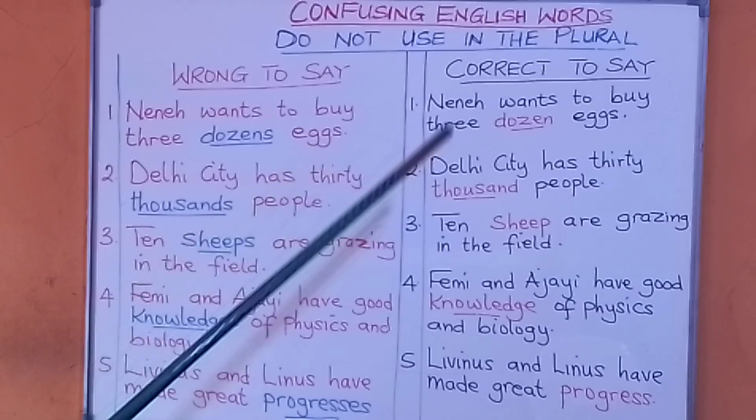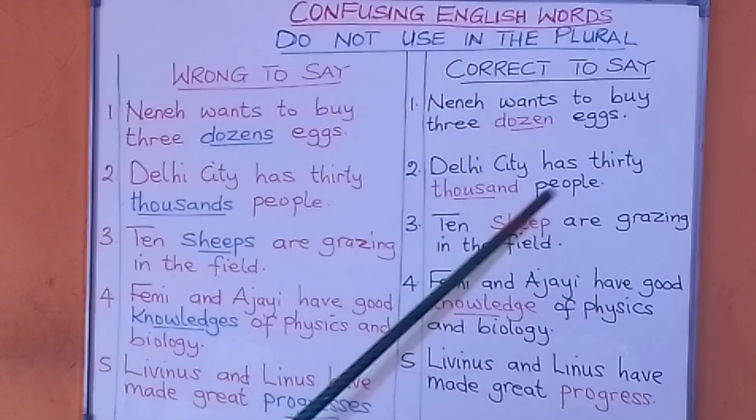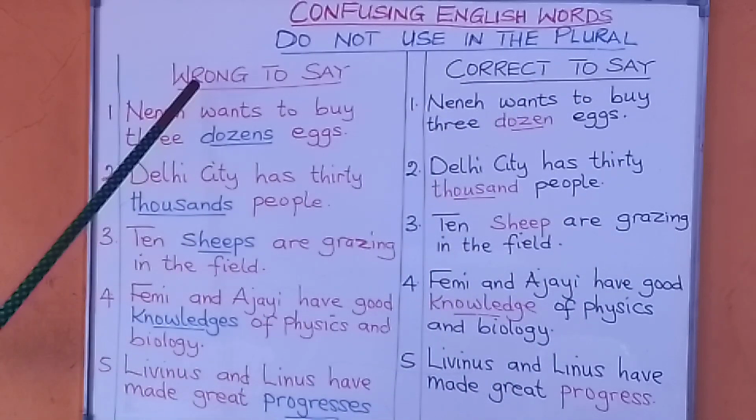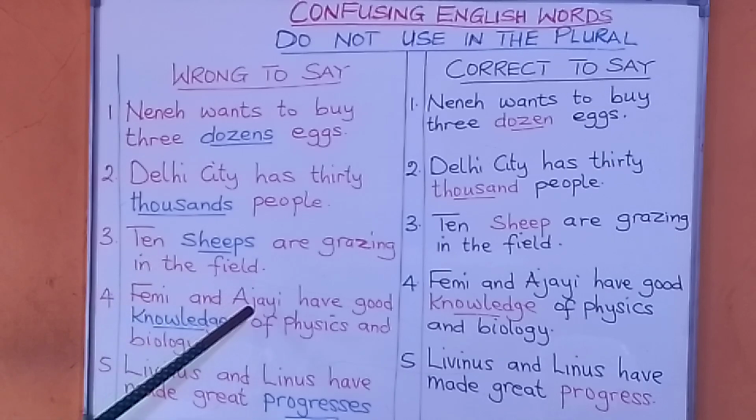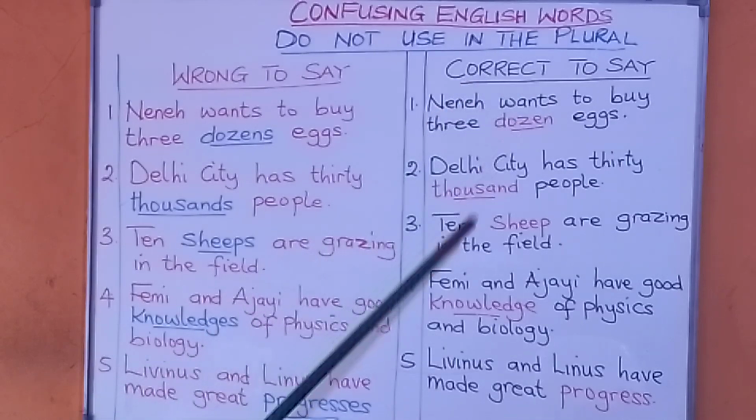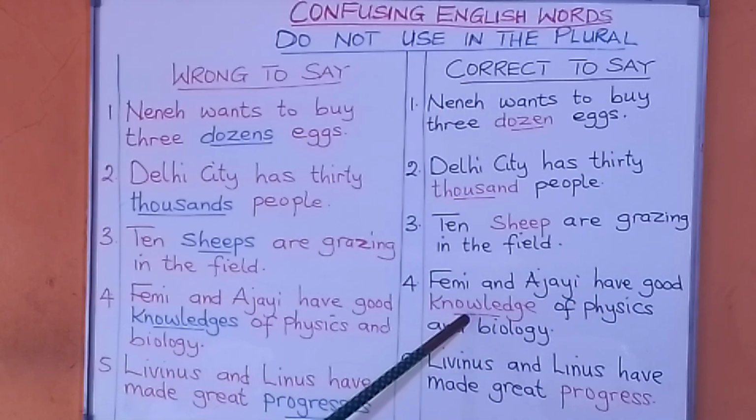The correct way is 10 sheep are grazing in the field. Wrong to say Femi and Ajayi have good knowledges of physics and biology. The correct way is good knowledge. Wrong to say, number 5, Levinus and Linus have made great progresses. Say they have made great progress.